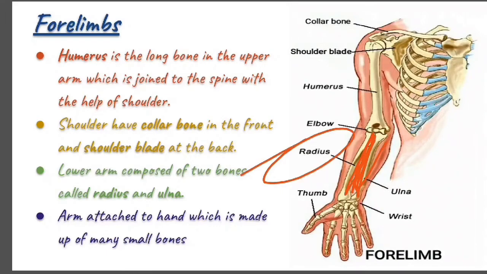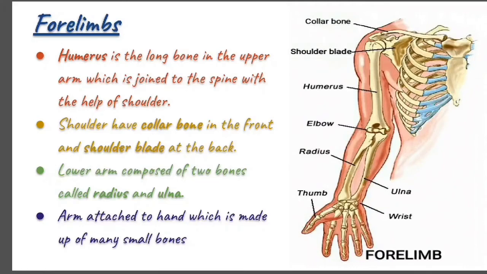This is clearly visible here: the humerus is a single bone, but the lower arm has two bones, the radius and ulna. So the lower part is a collaboration of two bones.